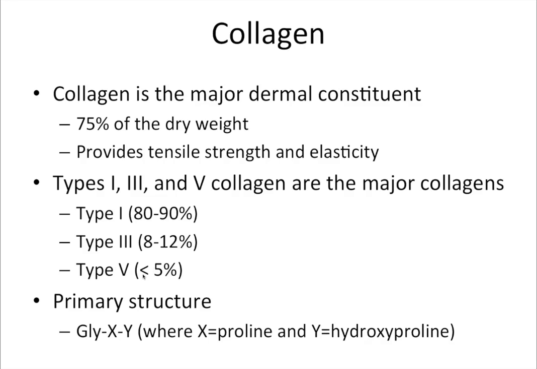And if you remember from one of our earlier chapters on protein structure, you'll recall that the primary structure, which is the amino acid sequence of collagen, is essentially glycine and then XY, where X is equal to proline and Y is equal to hydroxyproline.